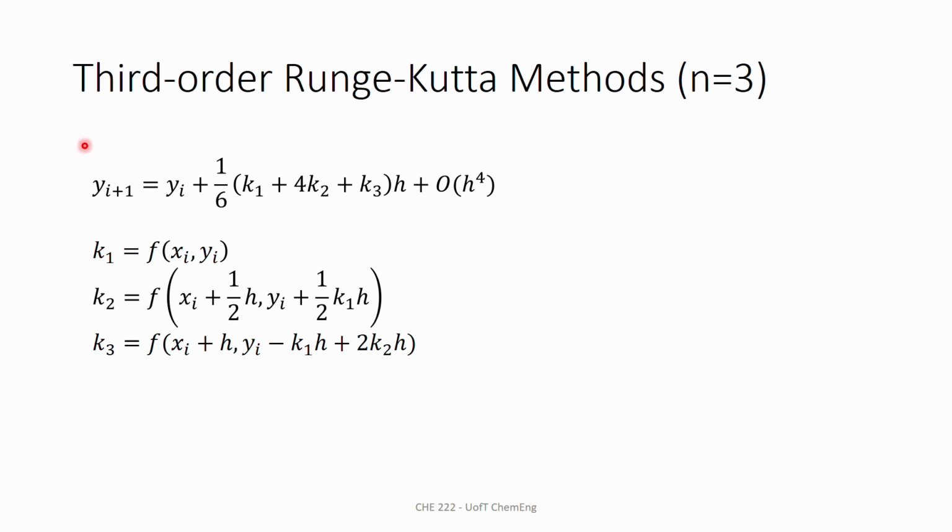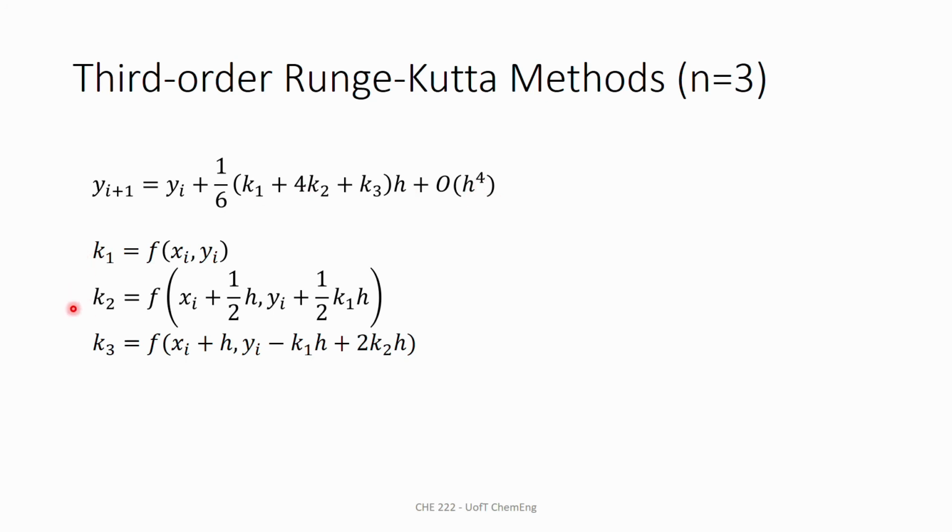And as I mentioned, there are multiple possibilities depending on how you go about solving the system of equations for the constants. But this is one of the very common ones. And as you can see, we have the definition of yi plus 1 based on yi, k1, k2, and k3. And the order of the local truncation error is h to the power of 4.